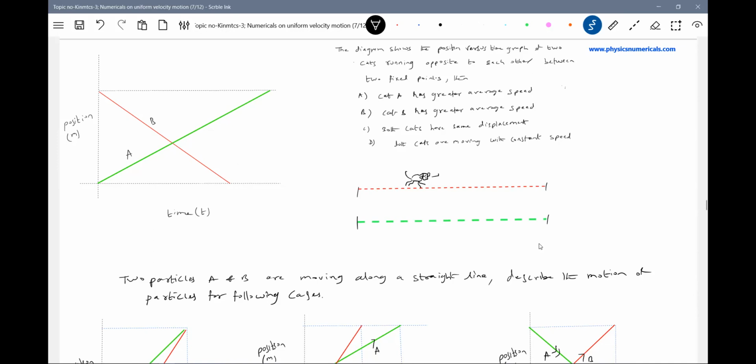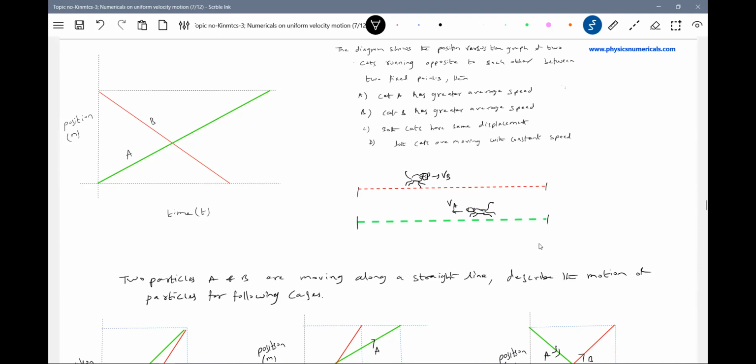There's cat B. Okay, there's a cat, there's cat A. So they will cross each other.